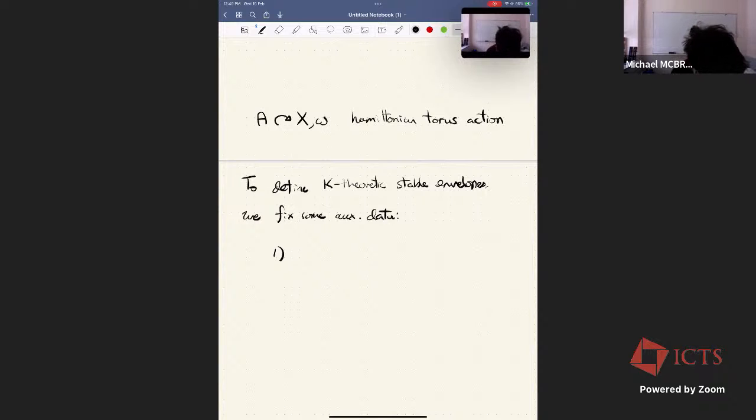And we are usually in a setting where A is a subtorus of a bigger non-Hamiltonian torus. So we're interested in the equivariant cohomology for the bigger torus, but a lot of our constructions will use the smaller torus only.